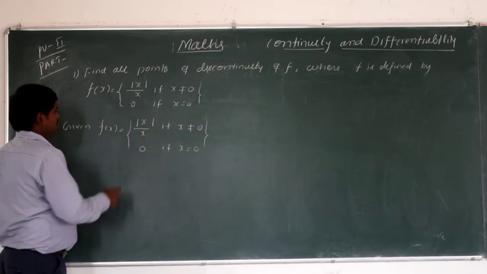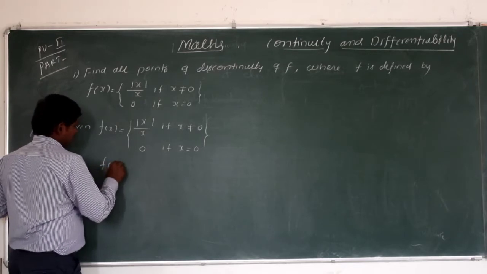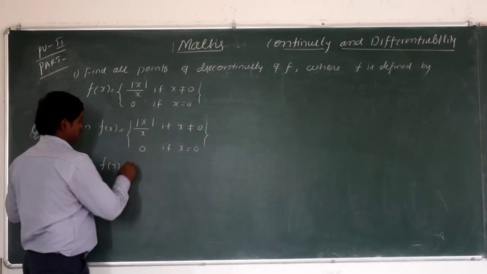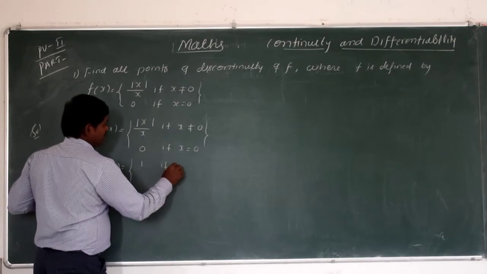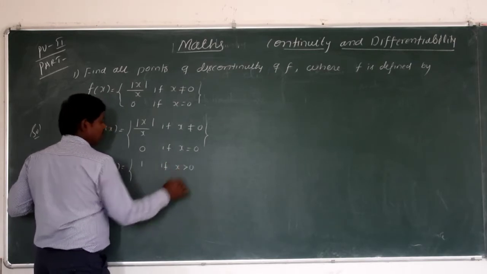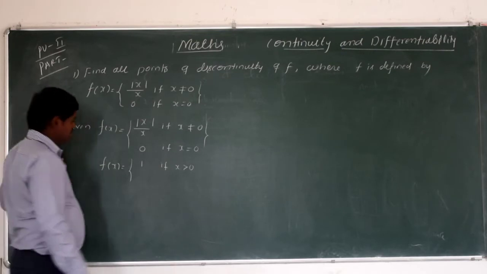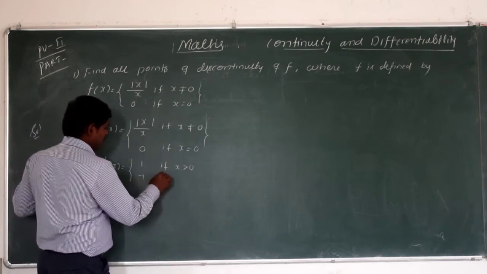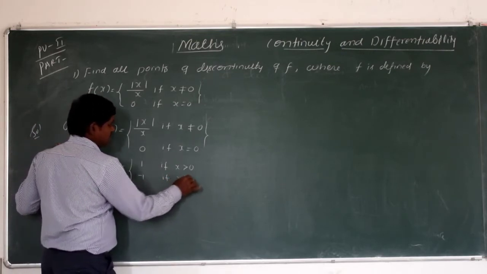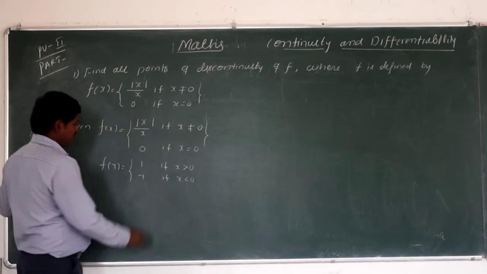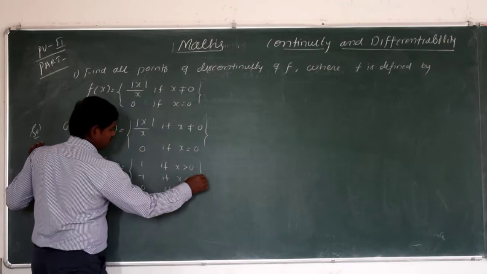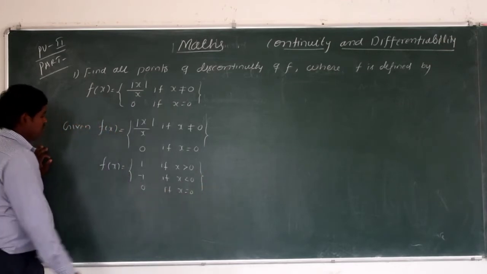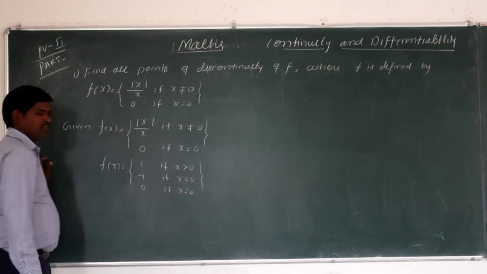So this can be written as f of x is equal to 1 if x is greater than 0, minus 1 if x is less than 0, and 0 if x is equal to 0. So this is the given signum function.